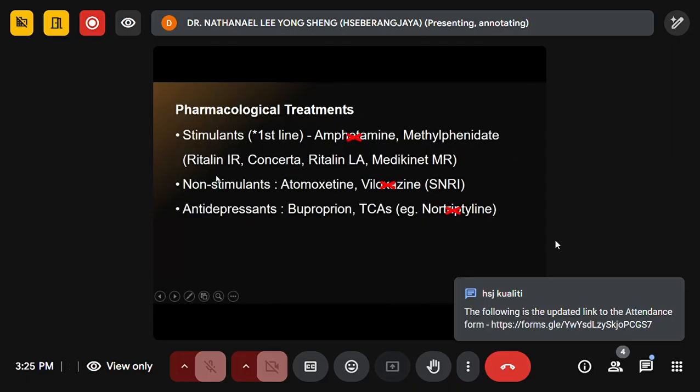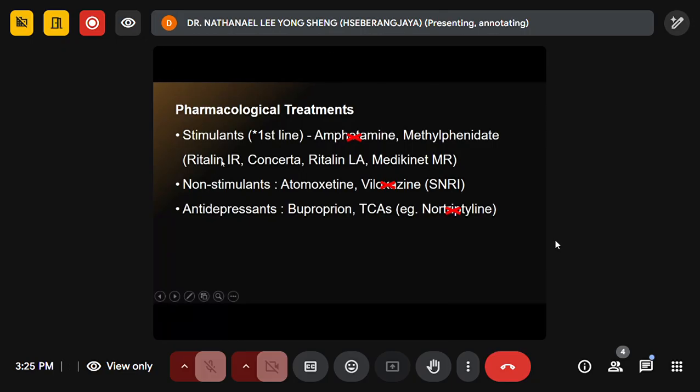The methylphenidate group of medications consists of immediate release, extended release, and also long-acting stimulants. The non-quota one is the Ritalin immediate release, and the long-acting ones are Concerta and Ritalin LA, which is also considered extended release.